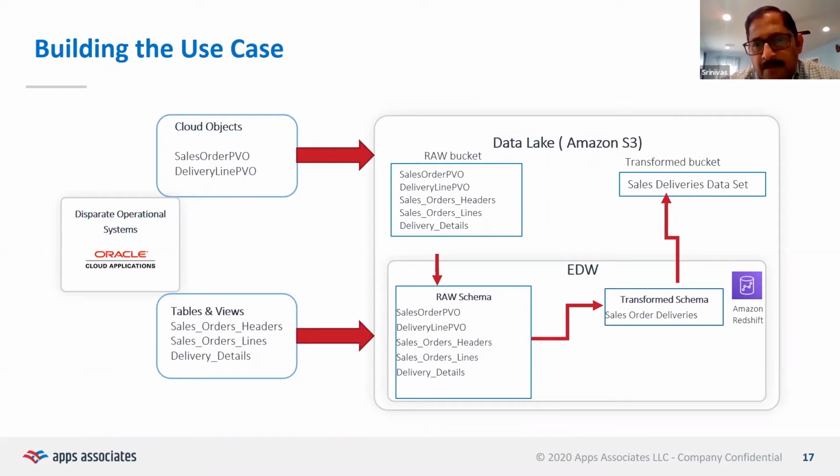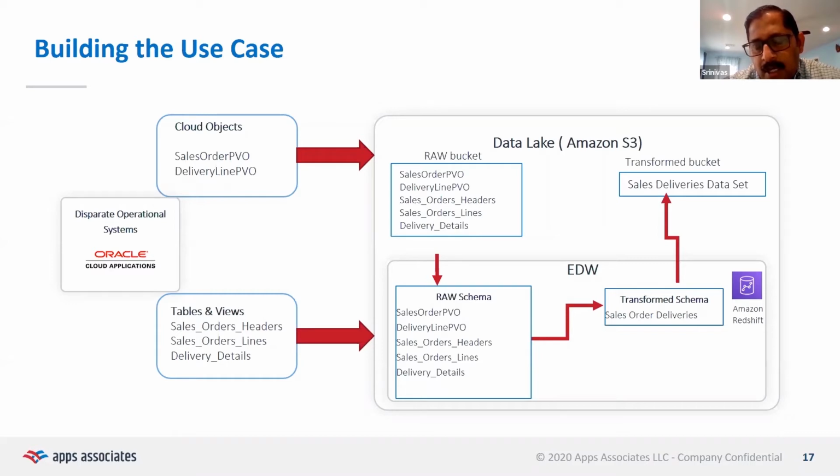We're taking all of this information into a raw S3 bucket, followed by transforming it in Redshift, and then moving it back into S3 for easy access and for sharing with other external vendors as well.